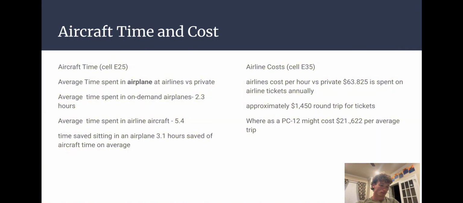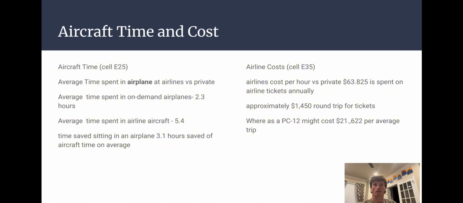The next we're looking at is the airline cost, so E35, and that just gives the total cost of the airline tickets we purchased. I averaged everything out. $1,400 round trip is what it averaged to, which to me seems kind of high unless you're getting business class every single time you fly. But if we were to fly on a PC-12 based on the flight hours that we have, I don't have the exact figure that I used, but it came out to $21,622 for each trip.